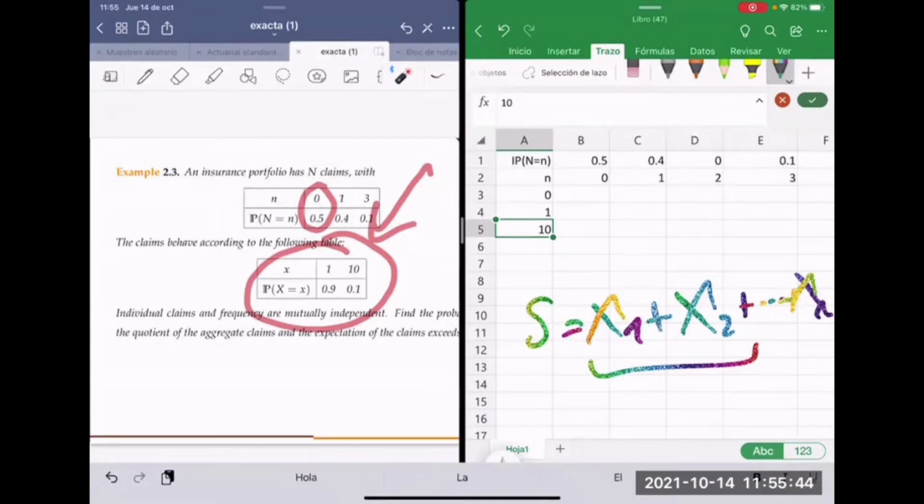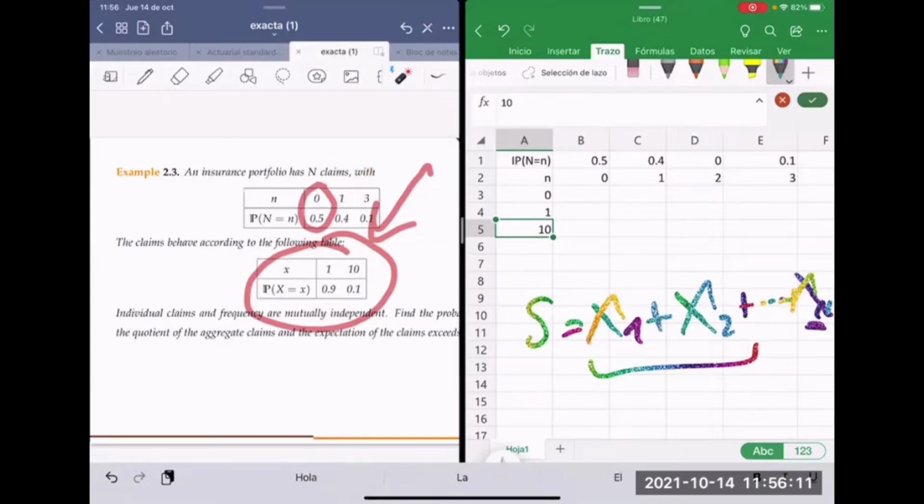In this case, N ranges from 0 to 3. What does that mean? Well, it means that, for instance, I can have only one of these random variables, or I can have 2 of these random variables, or 3 of these random variables. Well, actually, two will happen with probability 0, right?